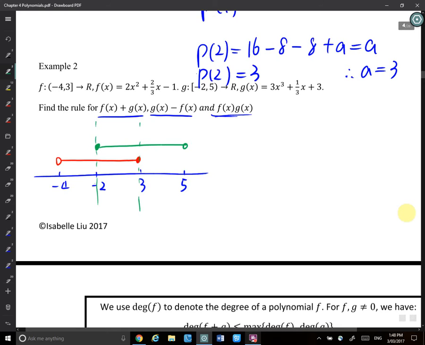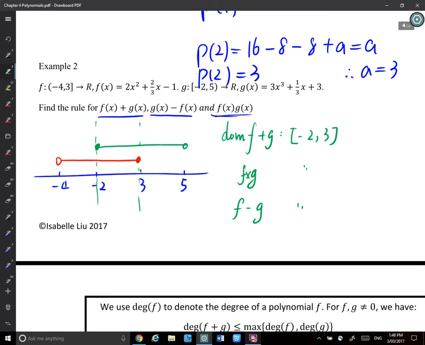So the domain for f plus g will be -2 to 3, the same for f times g and for f minus g. The domains are all -2 to 3.